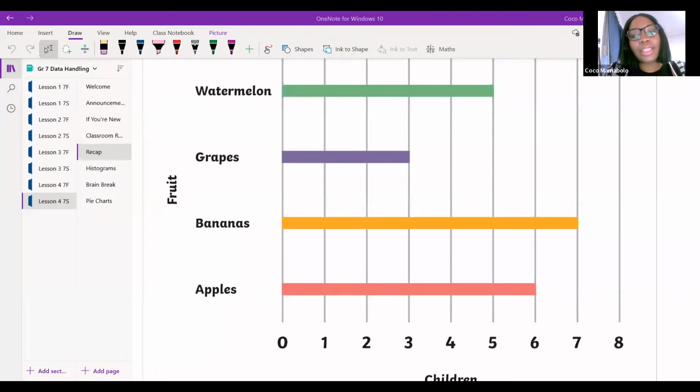It's a bar graph about fruit, so no more ice cream, none of that unhealthy stuff. Just make sure that you're taking it in, because we're going to be looking at questions about it in just a second.